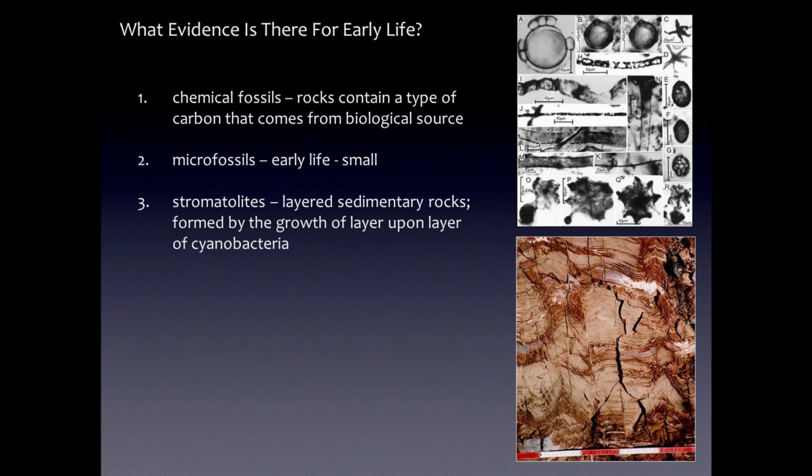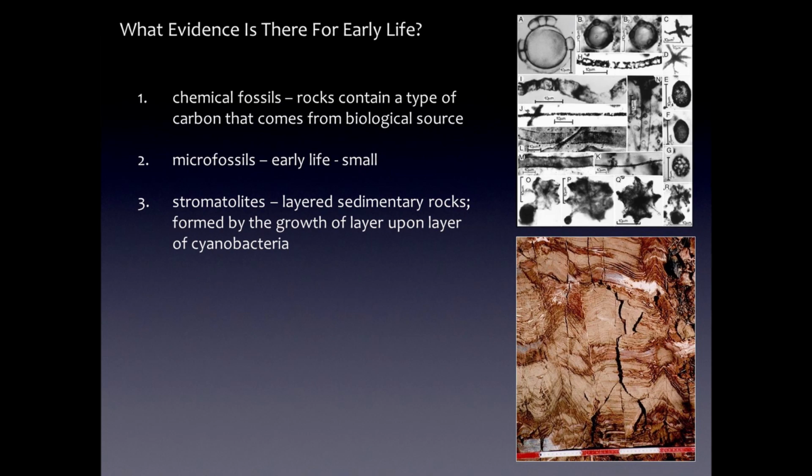The cyanobacteria are photosynthesizers. They need the sunlight. So they would grow up and then would have another layer of sediment coating the cyanobacteria again. This would repeat itself over and over until you get layer upon layer of sediment. The cyanobacteria would die, the sediment would remain, it would be lithified, it would become a rock, and we're left with stromatolites. Stromatolites appear very early on in Earth history, and we still see them present in certain select locations on Earth today.